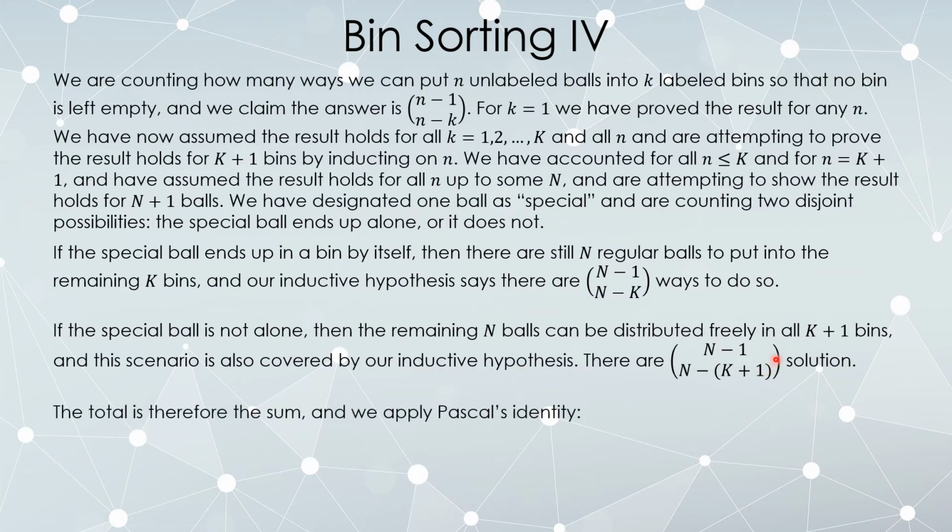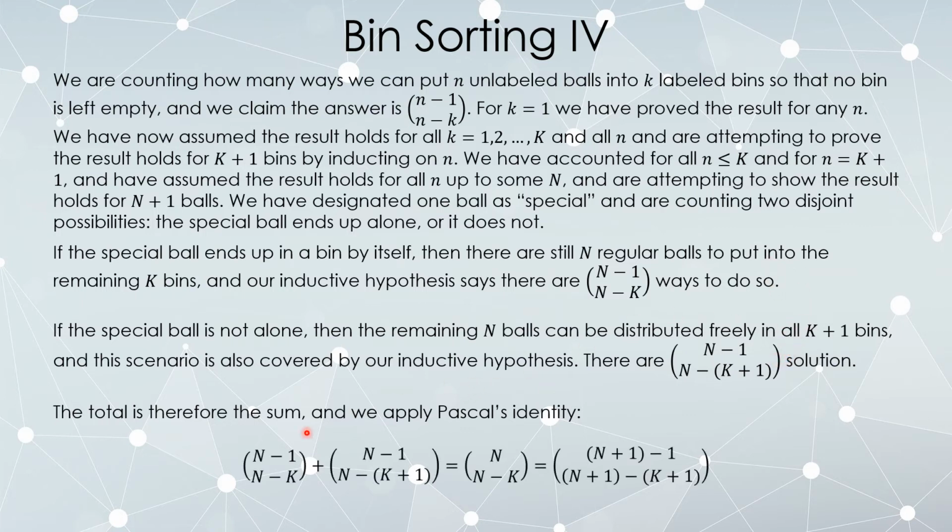So the total number of ways to do it is either do it one way or the other, so add the two together. Here is the number of ways to do it where the special ball was by itself. Here's the number of ways where the special ball was not by itself. But by Pascal's identity, these two numbers are the same. This was n minus k. This turns out to be n minus k minus 1. So this number is 1 larger than this one.